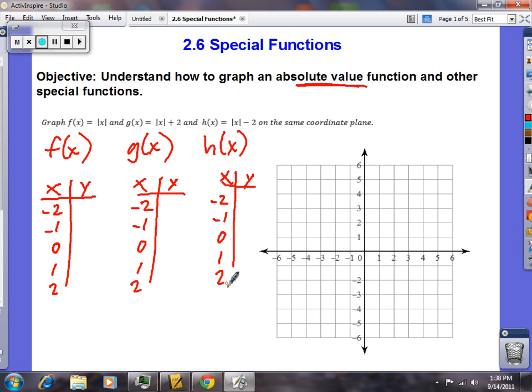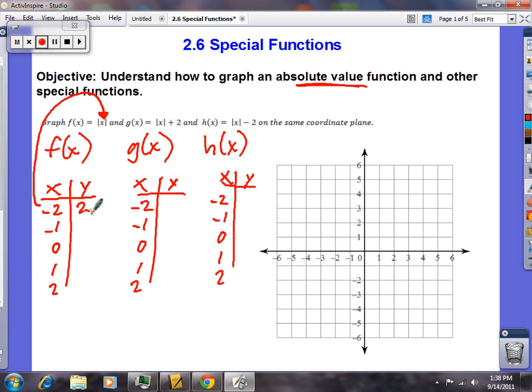Alright, now, f of x, here's the rule. The function's right here, absolute value of x. You're going to take your input and plug it in to x. So, when you plug in -2, what's the absolute value of -2? 2.